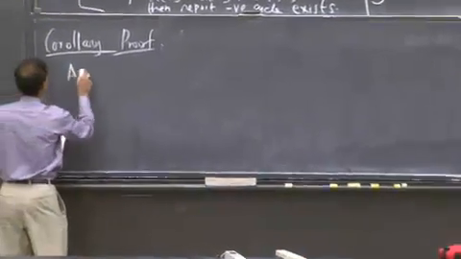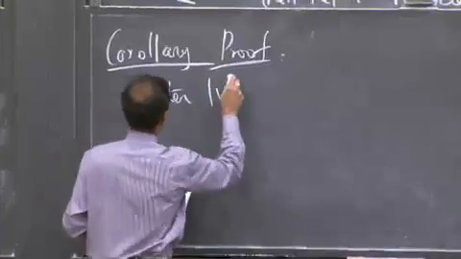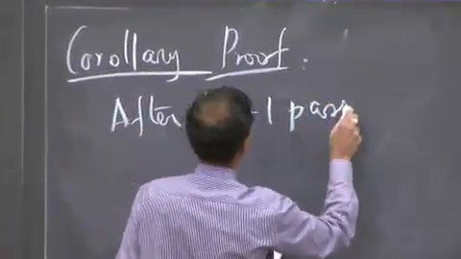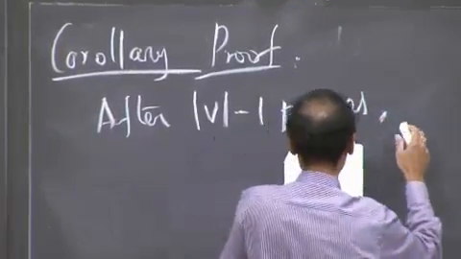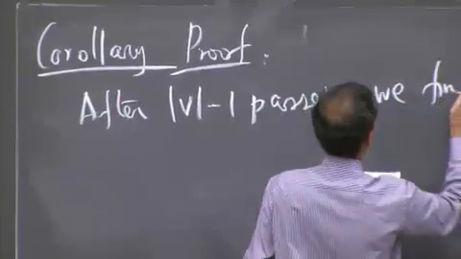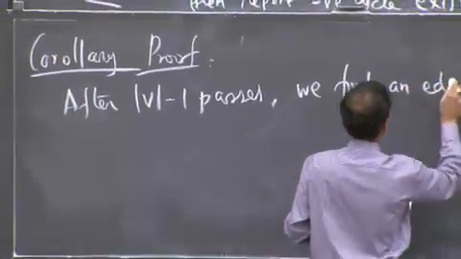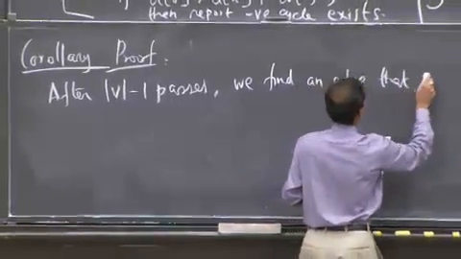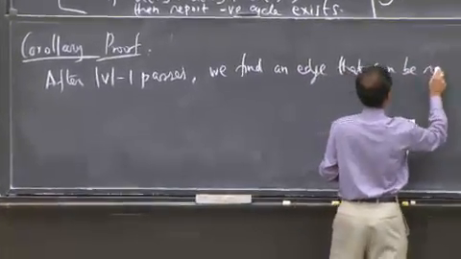At this point, let's say that I've done my V minus 1 passes, and we find an edge that can be relaxed.